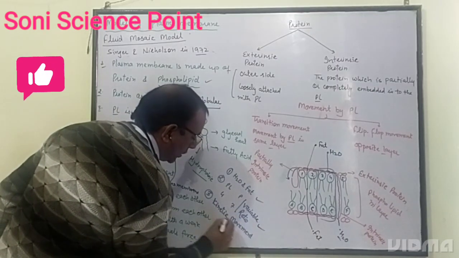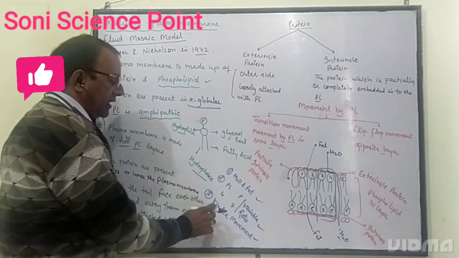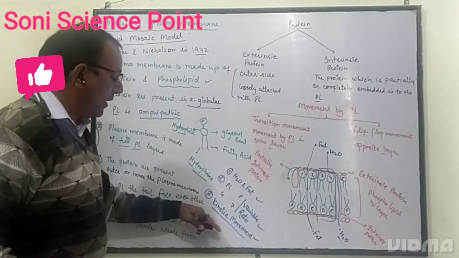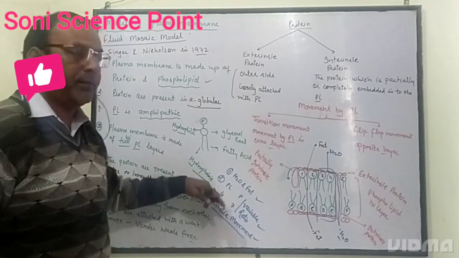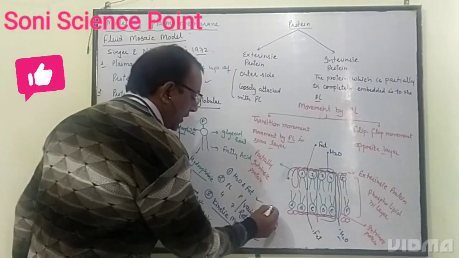That is also the third property of the plasma membrane, which is also matched. So we can say that the plasma membrane shows kinetic movement as well as variable ratio. It changes the ratio of protein and phospholipid, and water and fat molecules also pass through it.